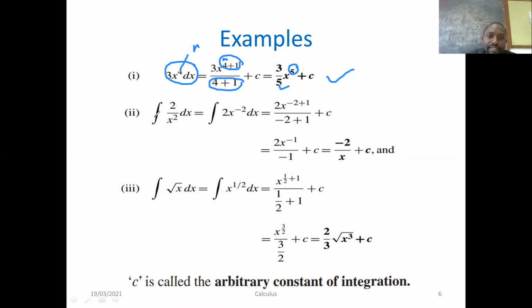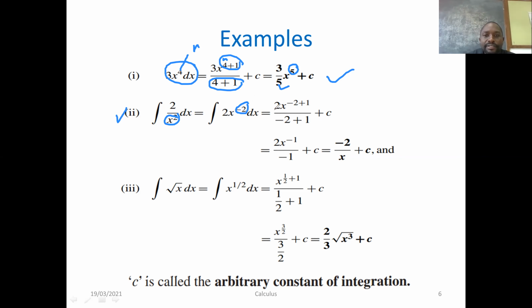Let's consider a second example. In a case where you are supposed to integrate 2 over x squared dx, this part can be rewritten as 2 times x to the power minus 2. And then this is now in the standard format.